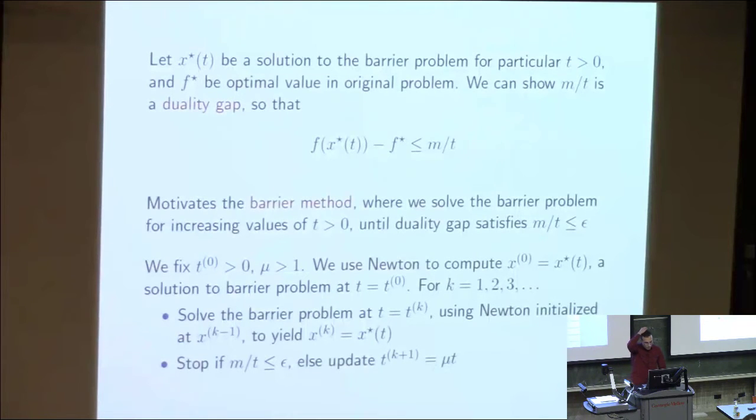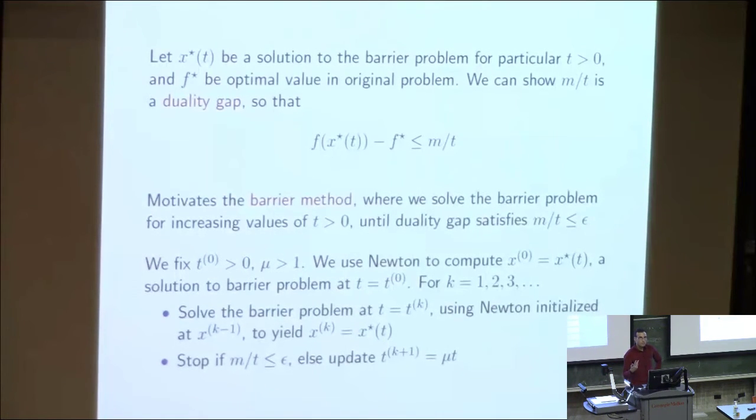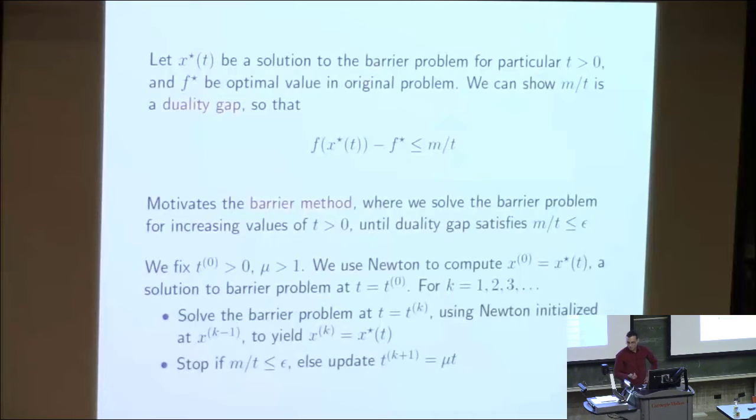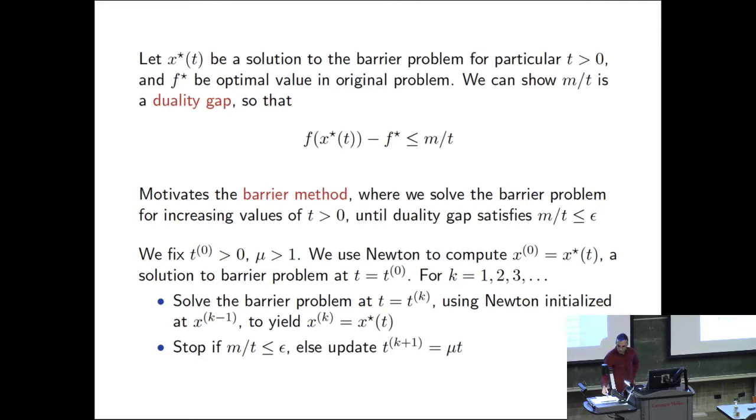And so we saw, by looking at the KKT conditions for the barrier problem, and by defining a particular pair of variables u and v, which we call dual variables, we showed that those dual variables, which can be defined in terms of solutions to the barrier problem, actually give us a duality certificate.